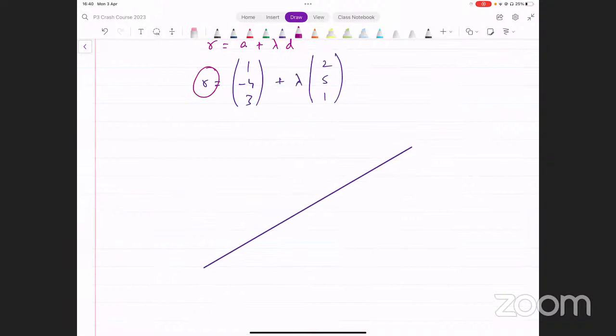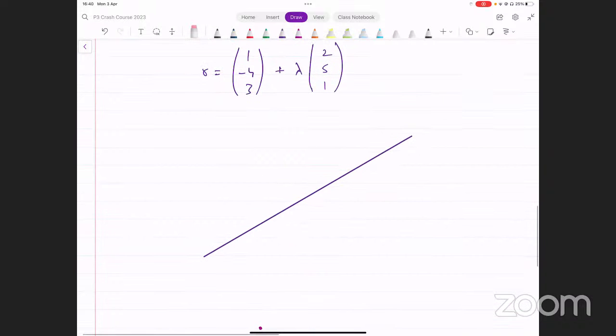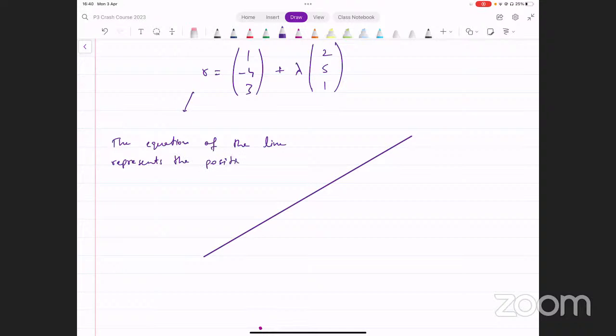What this should give us is the equation of this line, the equation of the line represents the position vector of every point on the line.